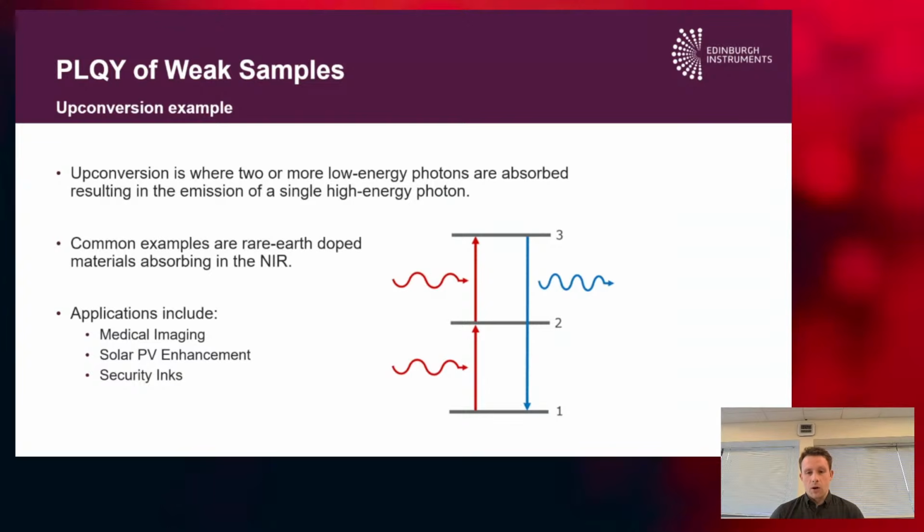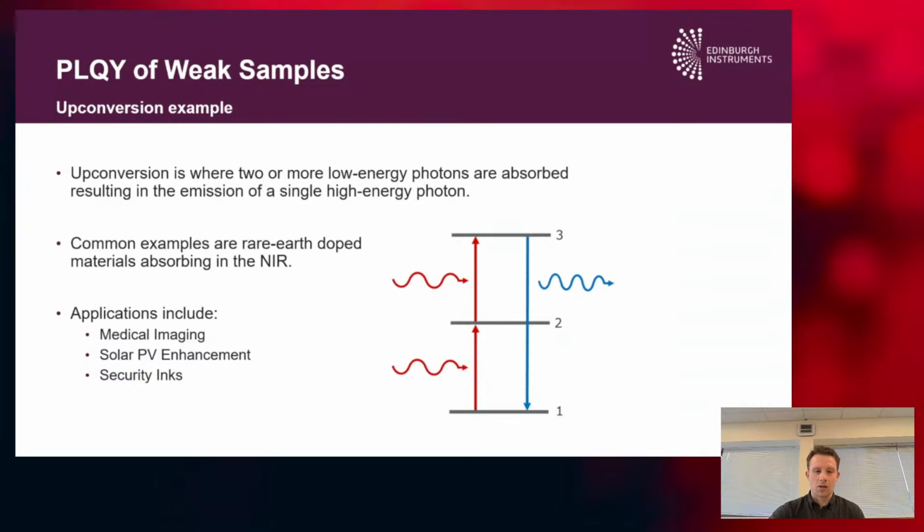So I'm going to give an example of when to do this, of a sample that's weakly emitting, and I'm going to use an example of upconversion. Upconversion is a process where certain materials can absorb 2 or more low energy photons and emit a single higher energy photon.